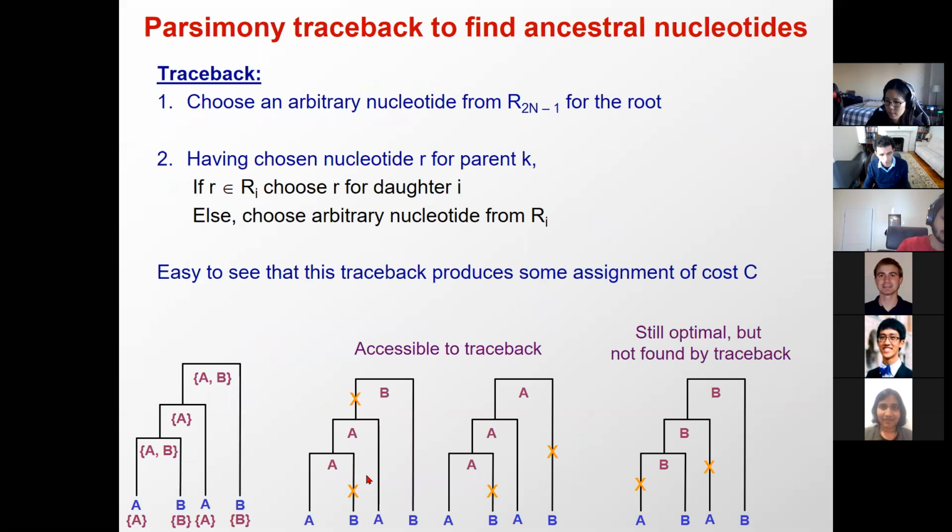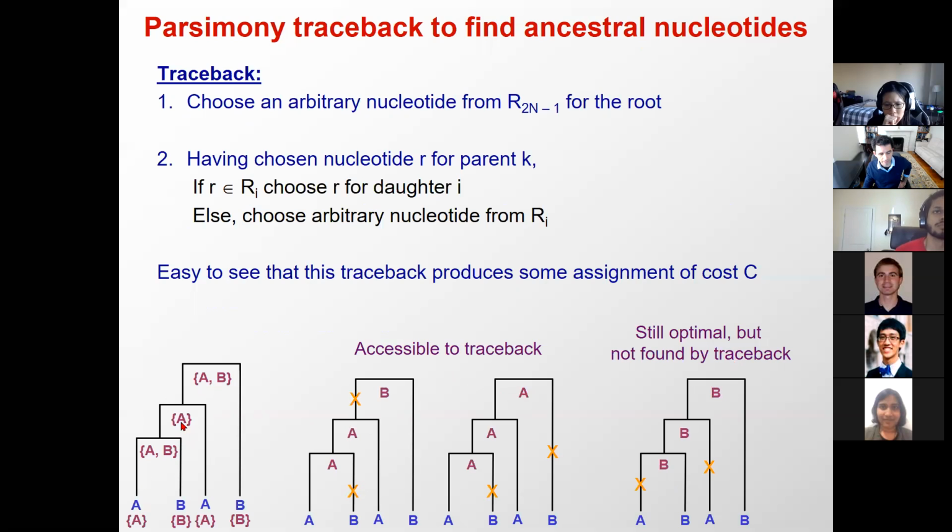So the problem, of course, with parsimony using this union intersection is that not all possible values are accessible. So this traceback could say, okay, here's A, B, A, B. So for example, I could have A or B here, but I must have A there, and then I could have A or B there, and so on and so forth. But there's another assignment.